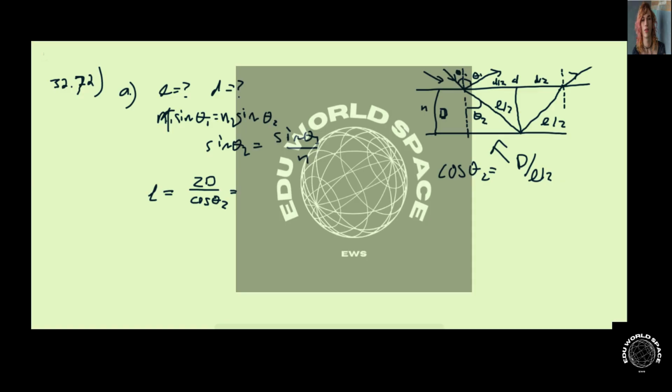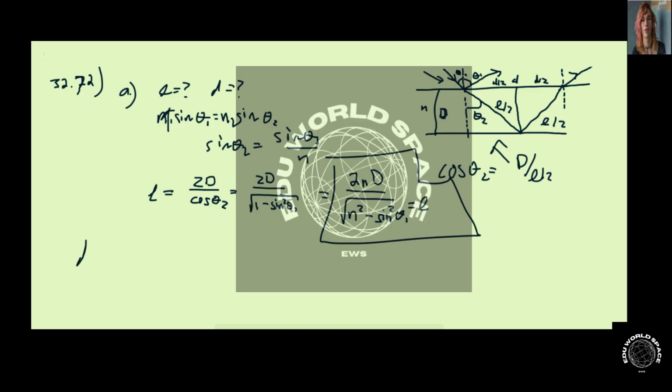Using the Pythagorean trig identity, this is 1 over the square root of 1 minus sine squared theta 2. Now we can plug in our relation, and this comes out to 2nD over the square root of n squared minus sine squared theta 1. And this is our expression for L.